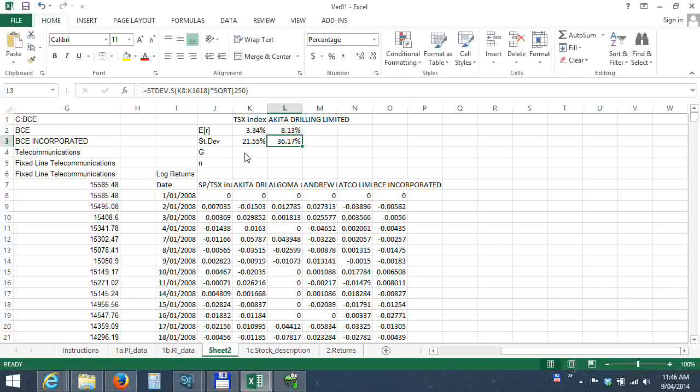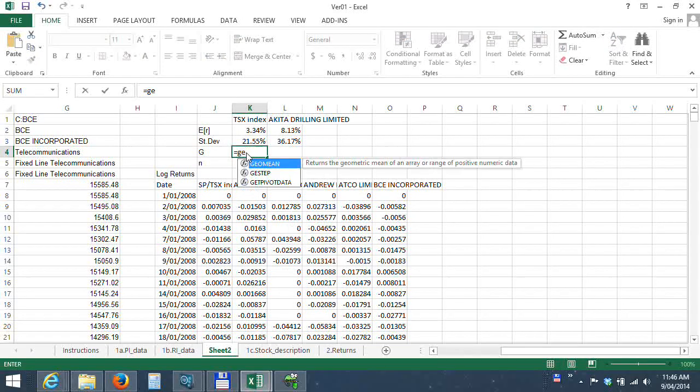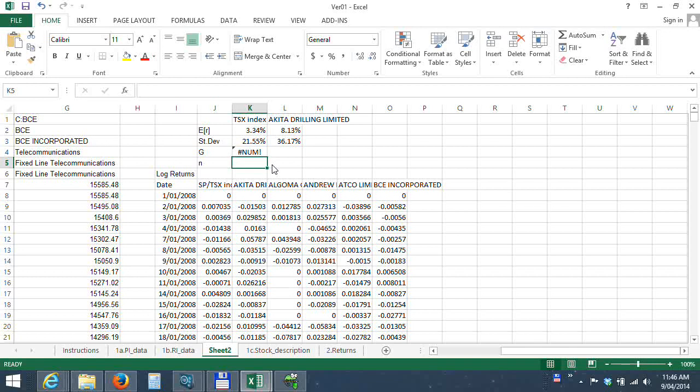Now, geometric mean. There's a function in Excel called GEOMEAN, and if you use this function on the returns, say for the index, that will give you an error. The reason is that the formula for the geometric mean doesn't use the return itself. It calculates the geometric mean on 1 plus the return.